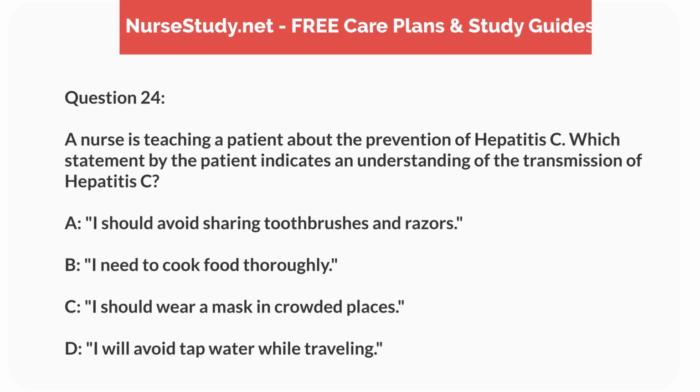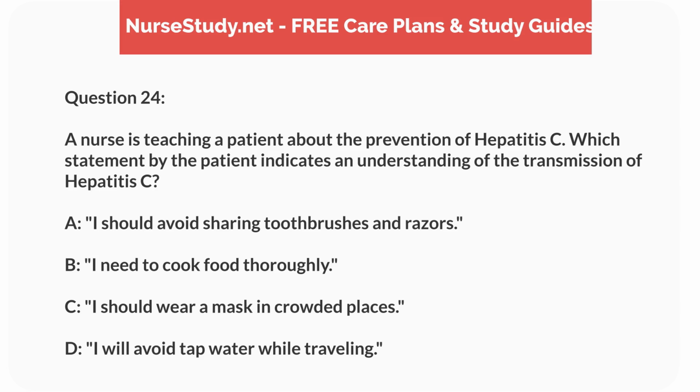Question 24. A nurse is teaching a patient about the prevention of hepatitis C. Which statement by the patient indicates an understanding of the transmission of hepatitis C? A. I should avoid sharing toothbrushes and razors. B. I need to cook food thoroughly. C. I should wear a mask in crowded places.